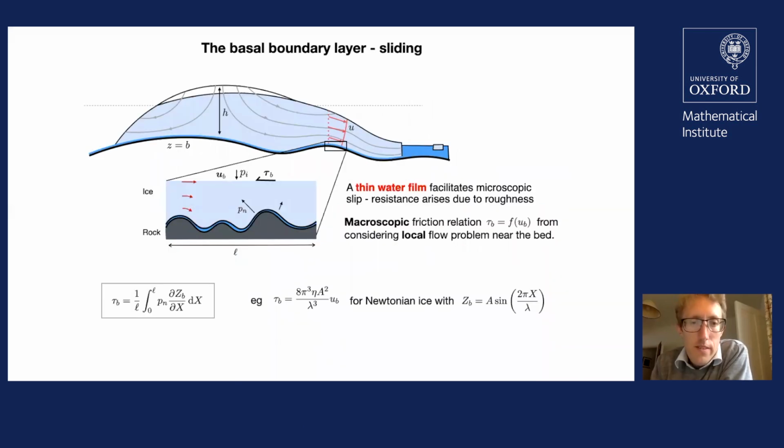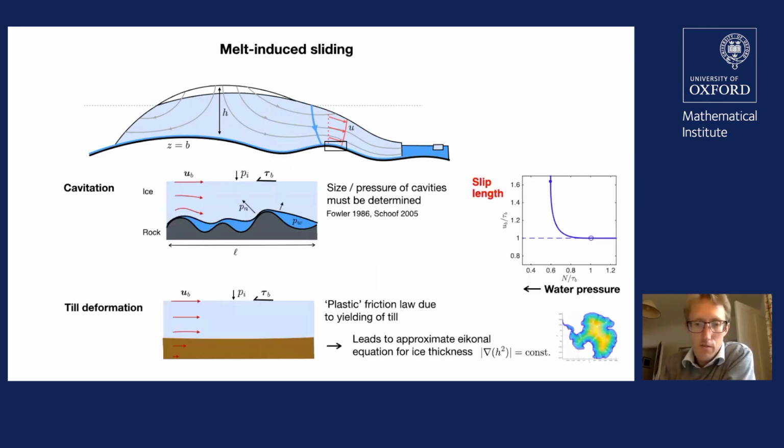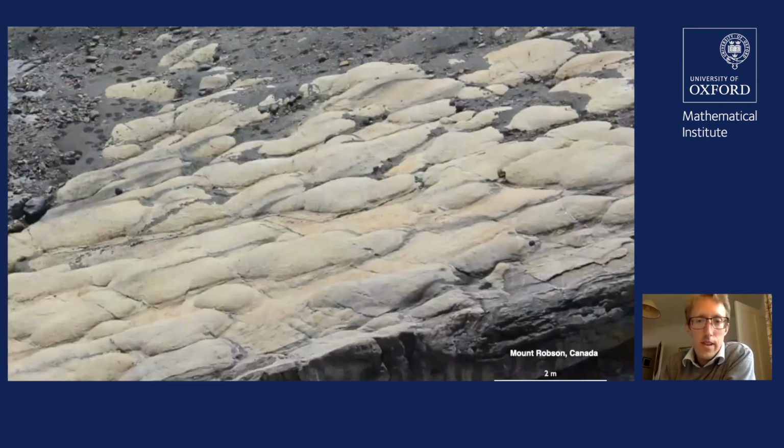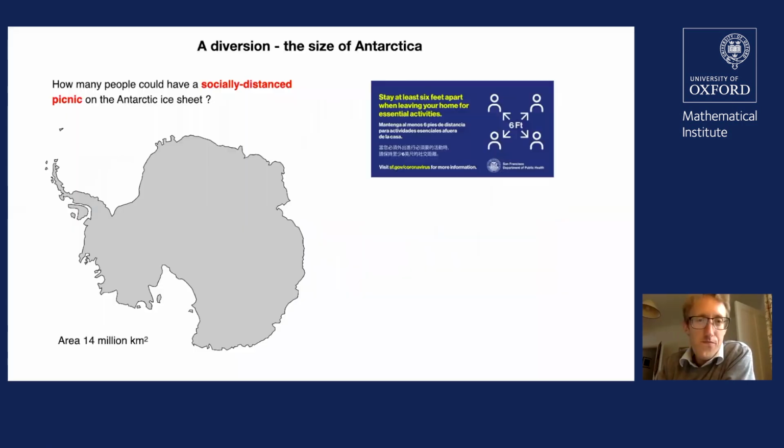There are various theories about how that works, but in the interest of time, I'm going to skip this. If you want to know about this, you can come to the virtual pub, and I'll tell you about that. This is just a picture of how mucky it looks underneath the glacier when it gets wet.